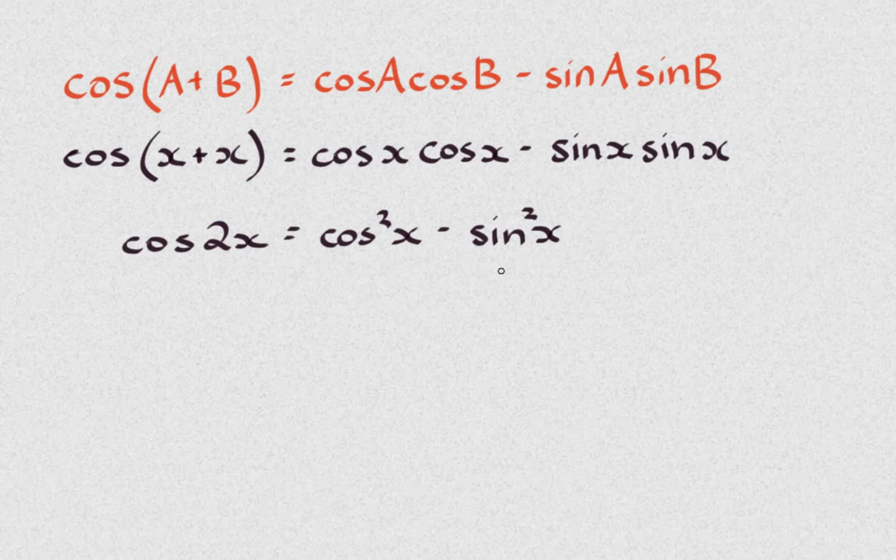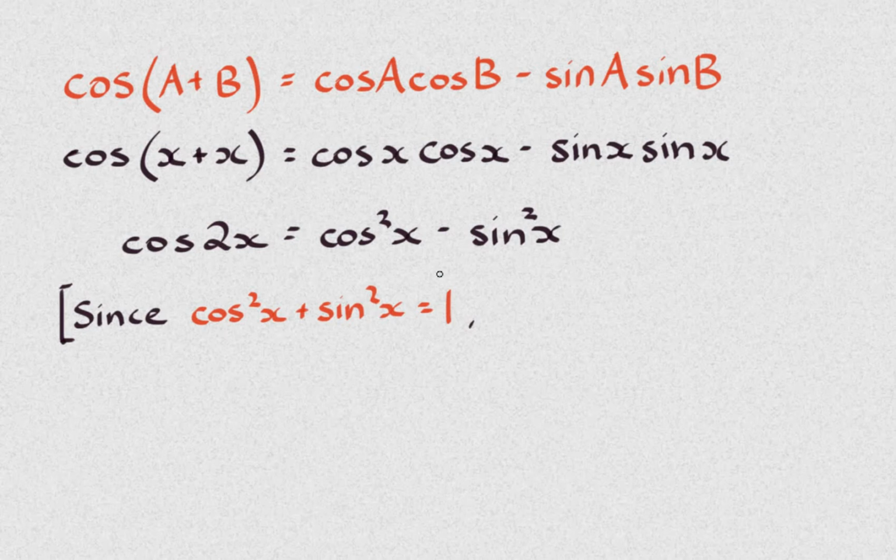So is there anything we can do to this equation so that it only has cos squared x in it instead of sin squared x? At this point, we should think of the Pythagorean trig identity, which is cos squared x plus sin squared x equals 1. And this is also on your reference sheet.